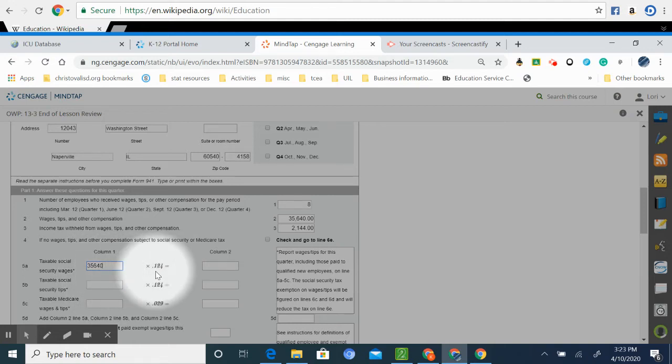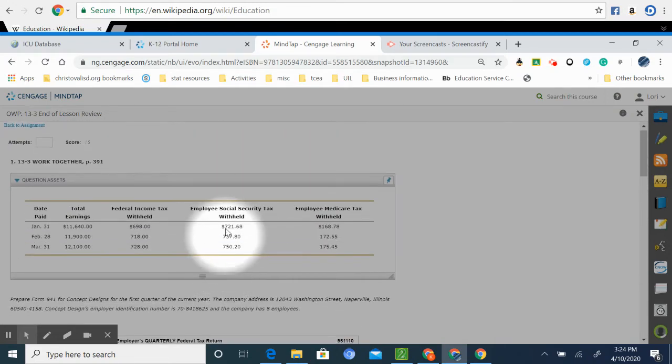We're going to multiply it times 12.4%. And that gives us $4,419.36. You can double check this number by totaling this amount and doubling it.